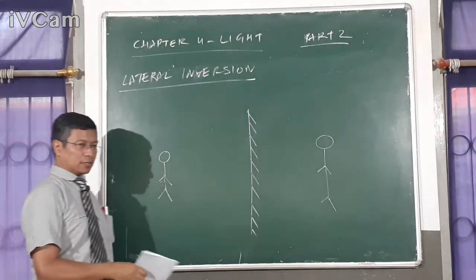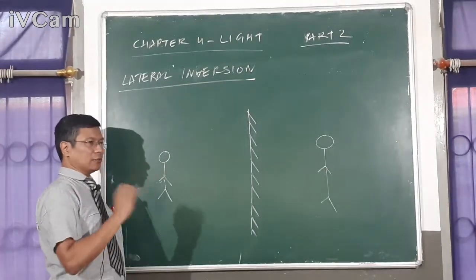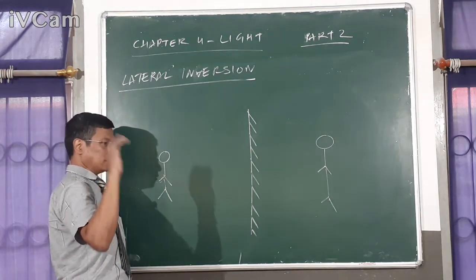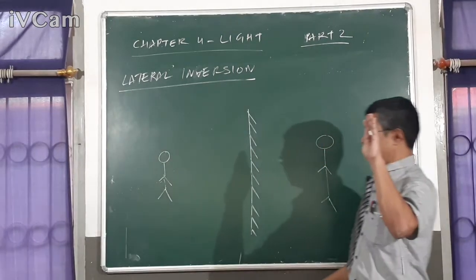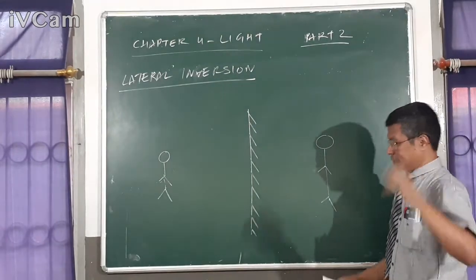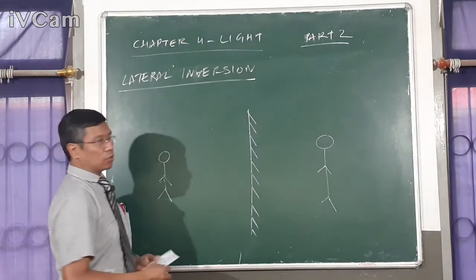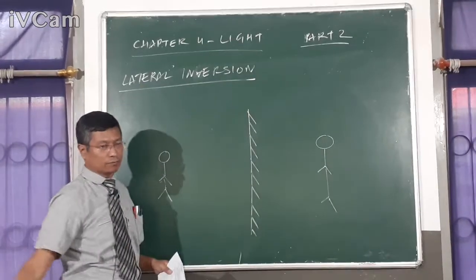Now, if you are standing and looking in the mirror, you will see yourself, and if you raise your right hand, you will find that the mirror image will raise its left hand. This is because of a phenomenon called lateral inversion.